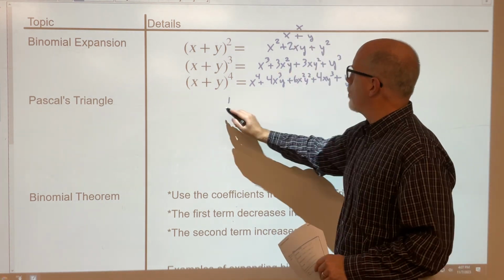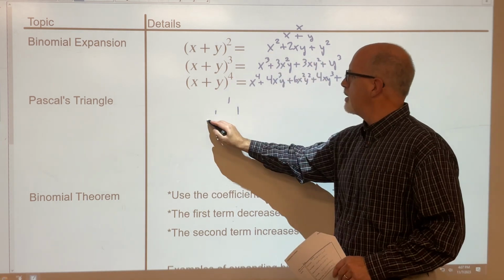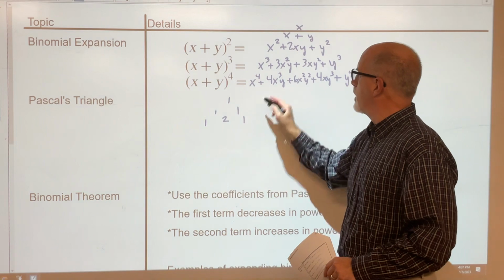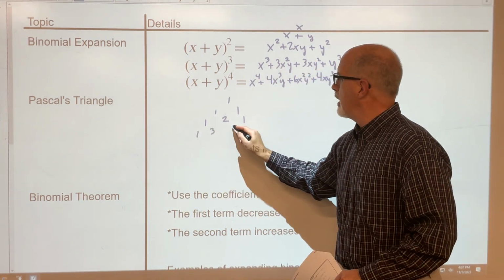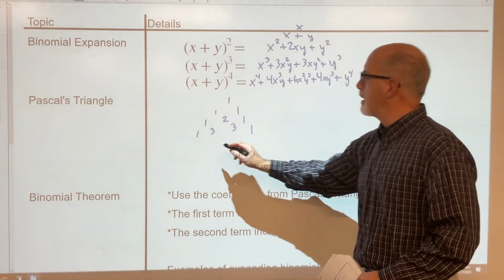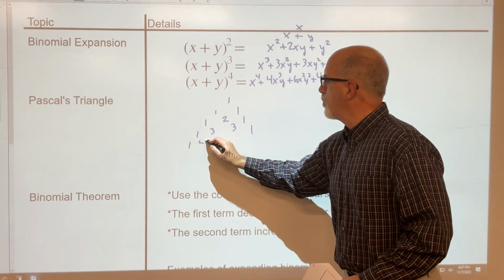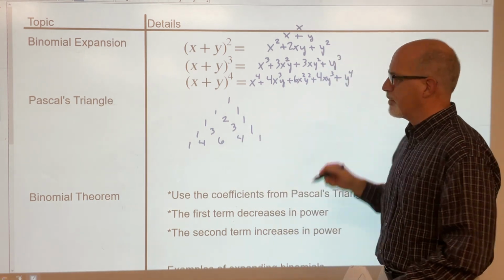Here it's a 1 and a 1. Here I've got 1, 2, and 1. Here I've got 1, 3, 3, and 1. And here my expansion has coefficients 1, 4, 6, 4, and 1.